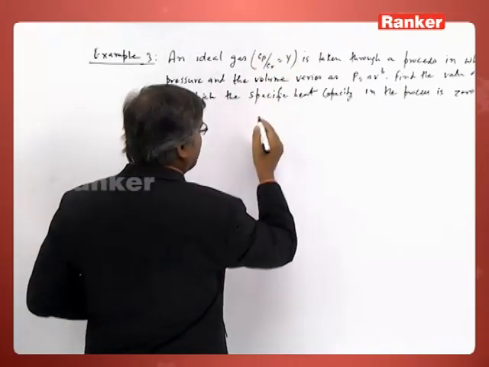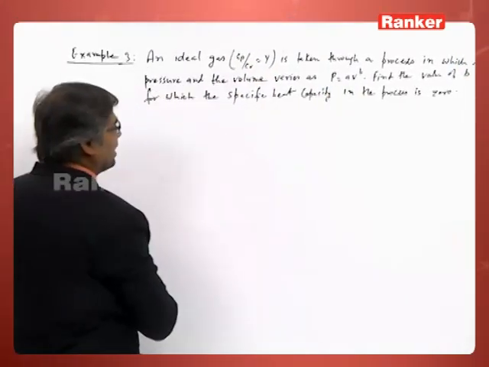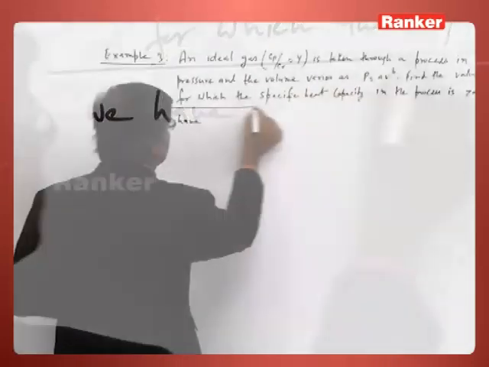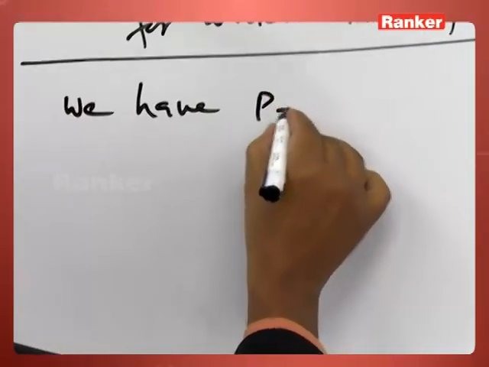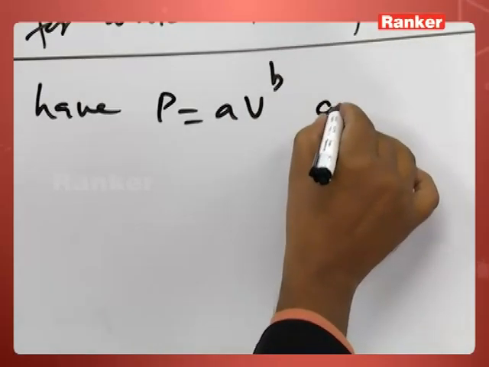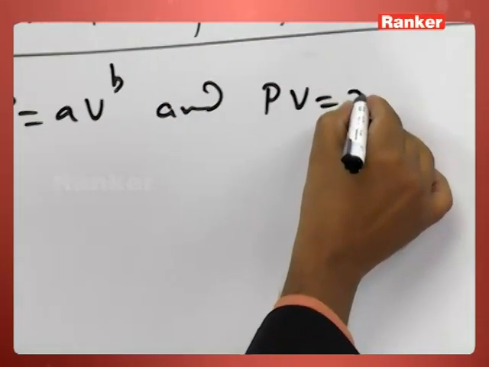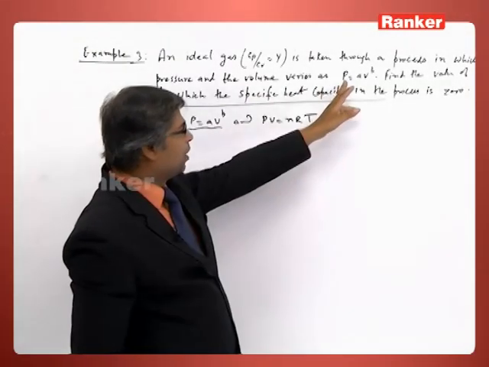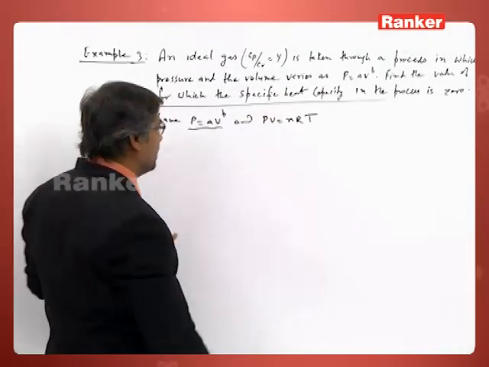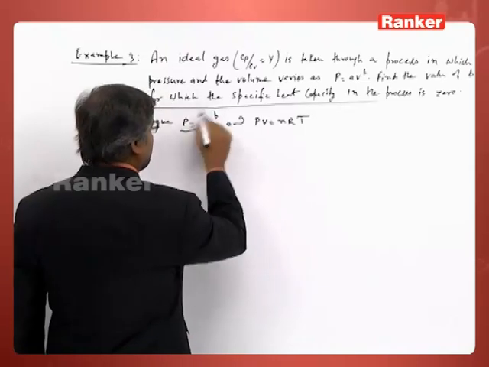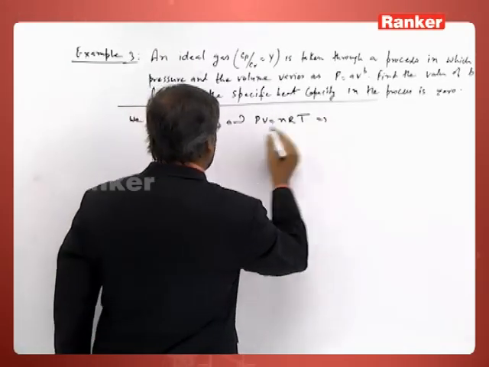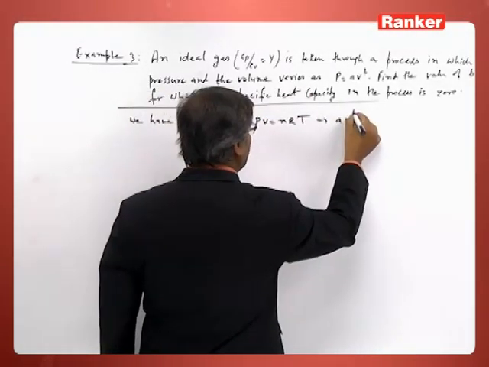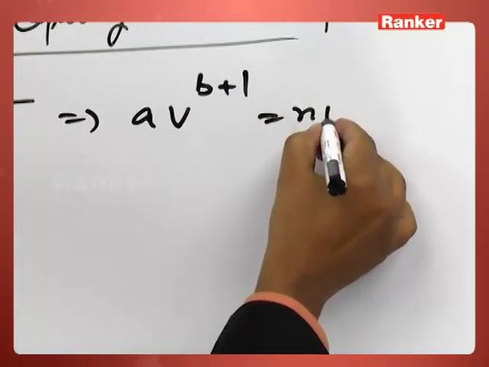First let us relate how volume changes with temperature for this. We have P is equal to A V to the power B, and PV is equal to nRT from the ideal gas equation. So this is the equation of state for this process. Let us substitute: from these two we get A V to the power B plus 1 is equal to nRT.